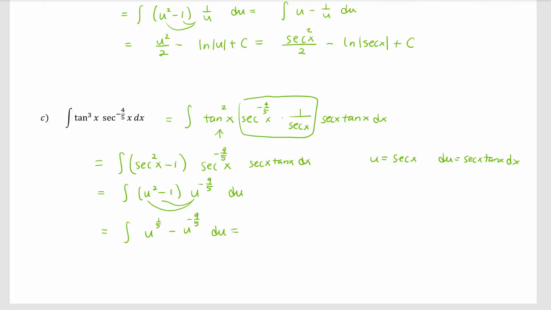Right? du at 1, so 6/5 over 6 times 5. At 1, u to the minus 4/5. Oh, minus 4, the 5 falls on top, plus c. So finally, we change the u to secant. So 5/6 secant to the 6/5 x plus 5/4 secant to the negative 4/5. And this is our answer. So far, so good, everybody?